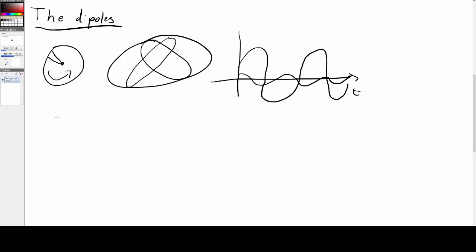And the reason for this is that the speed at which the sun moves relative to the CMB is a lot greater than the speed at which Earth is moving around the sun.